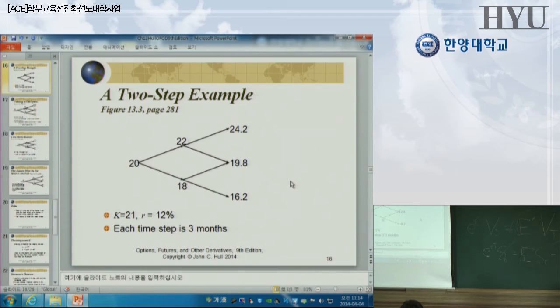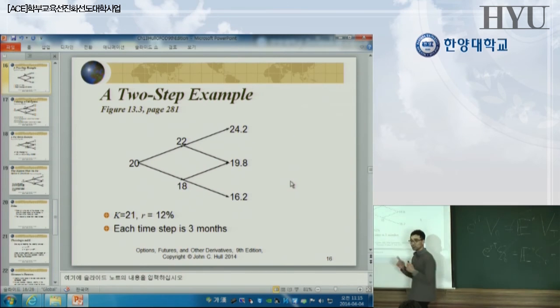In this case, it is a 6 months example. In the previous case, it was 3 months. As in the previous case, the beginning price is 20, and 3 months later the stock price goes up to 22 or down to 18. Then 3 months later again the stock price goes up and down in each possibility.